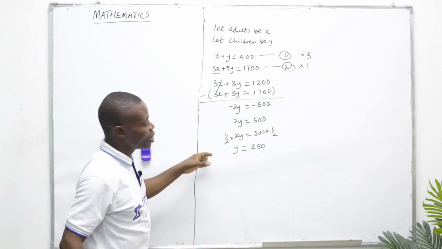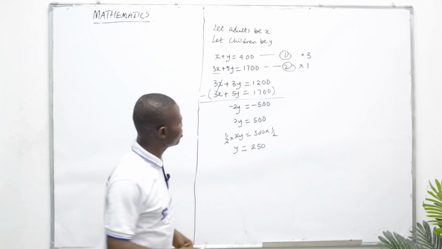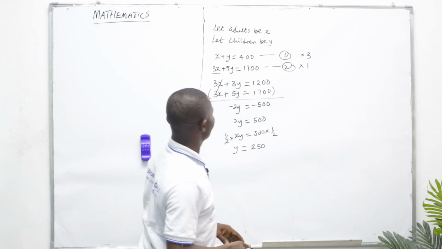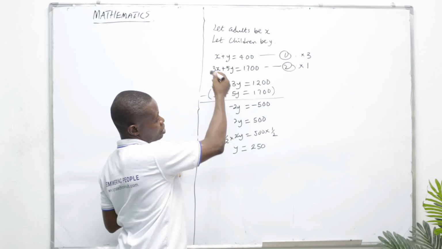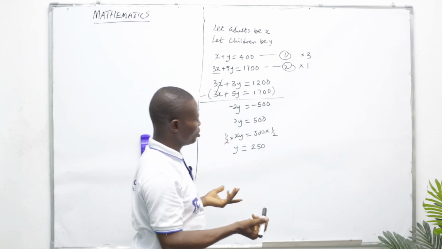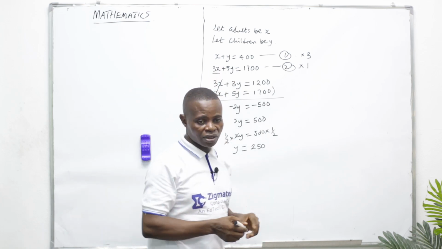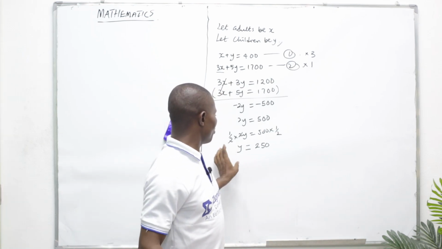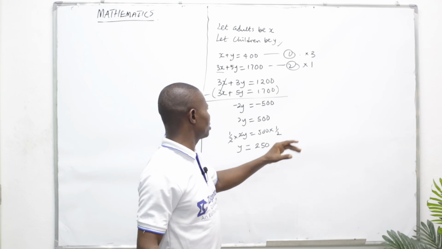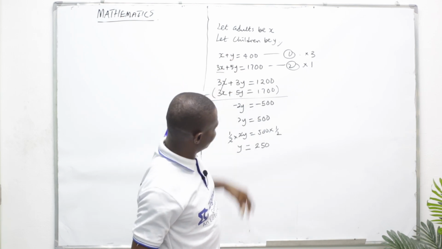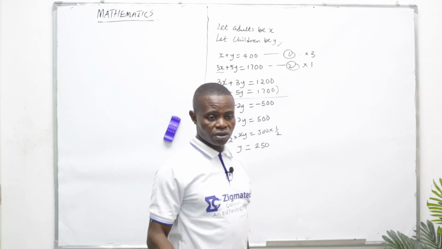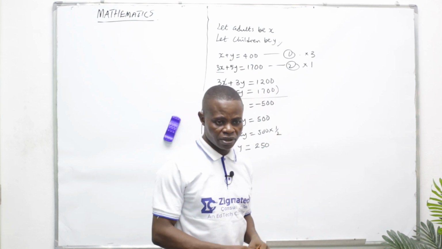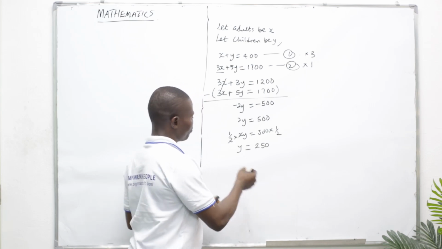So how many tickets were sold? That's 250 tickets were sold for adults. You can also decide to get the one for children. No issue. You can do that. We have 250 tickets being the one sold to adults. How many tickets were sold to adults? 250 tickets.